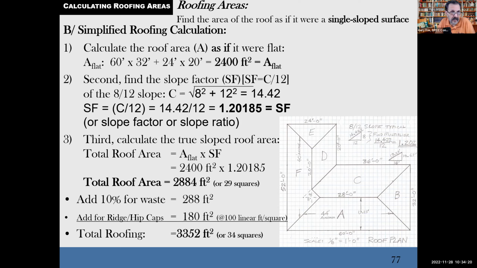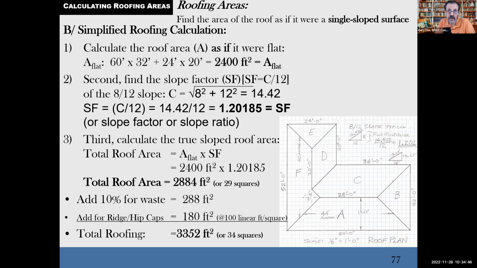In step 3, it says, third, calculate the true sloped roof area. So you take the flat area, 2,400 square feet, and multiply it by that slope factor, 1.20185. When you use the whole number, you get the same number, the 2884 that we got on the other page.